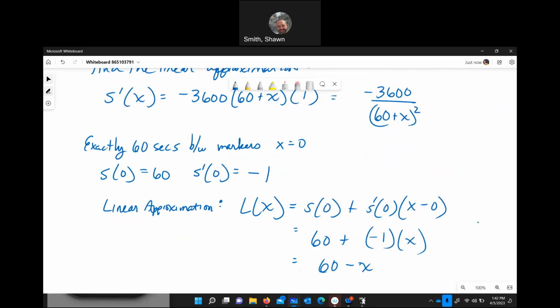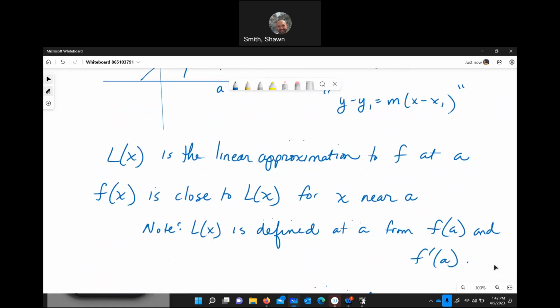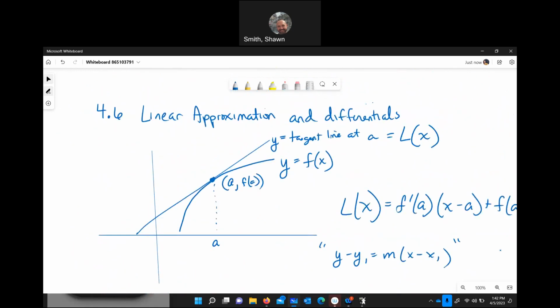So if I'm at 62, X is 2, that's near 0, right? So you could say this graph represented that average speed right there. As long as I'm close, this line is still very close to the tangent line, right?